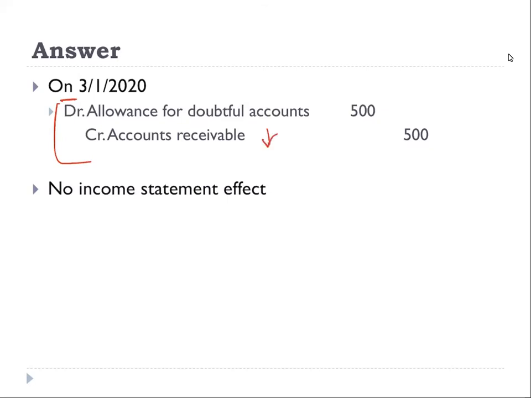So this is no longer going to be recorded as a receivable for the firm because the firm has given up collecting those receivables. This journal entry has no income statement effect. Also, net accounts receivable is going to stay unchanged, because we decrease accounts receivable and at the same time decrease the contra account.